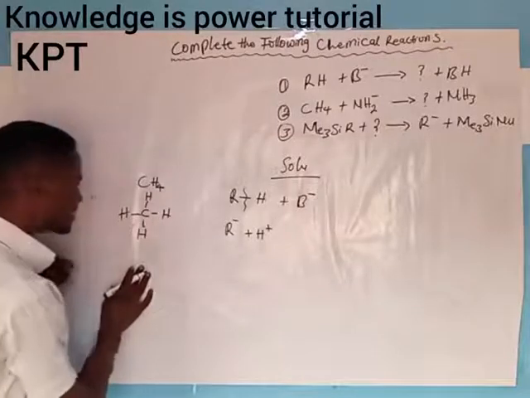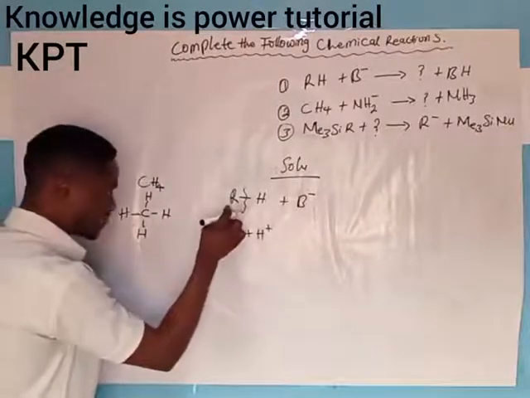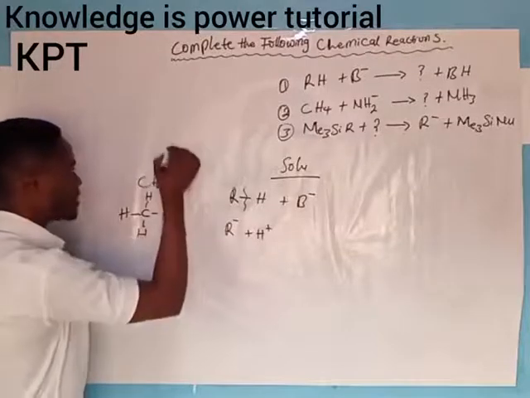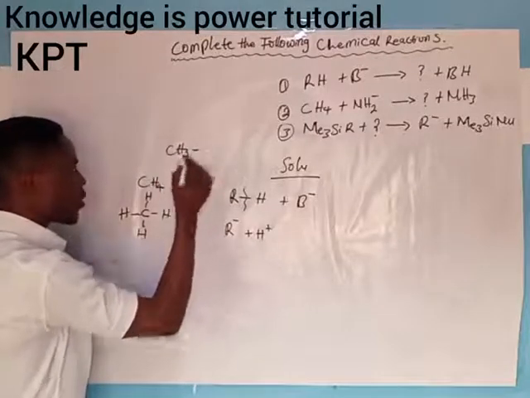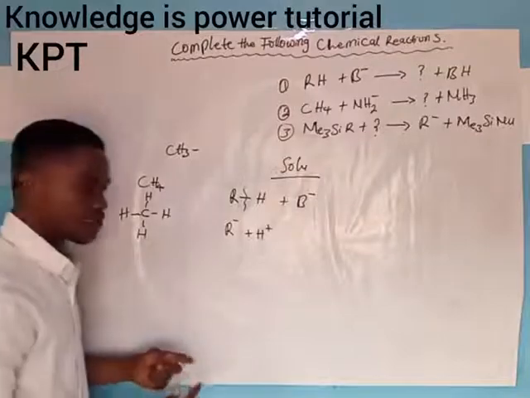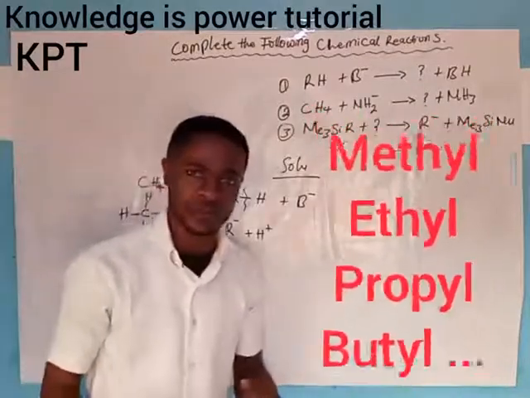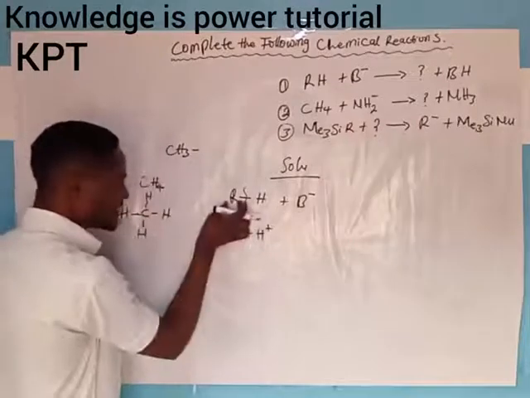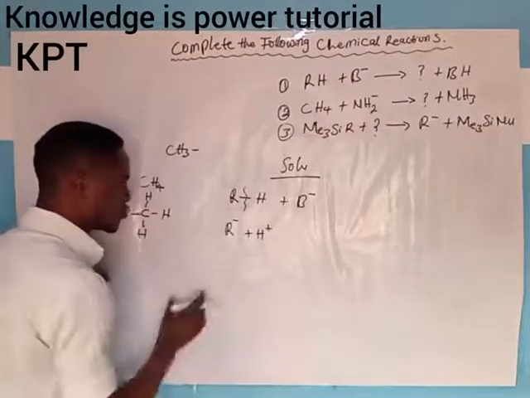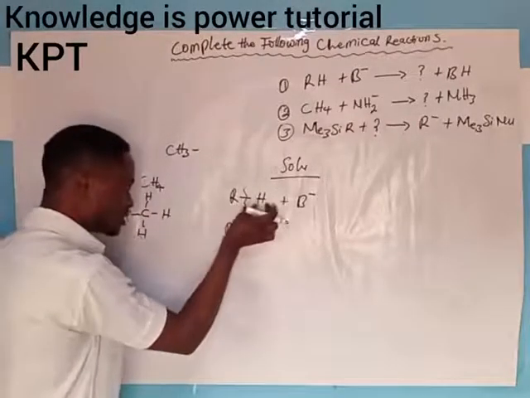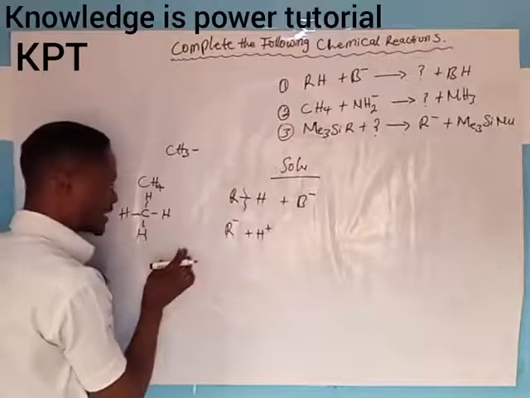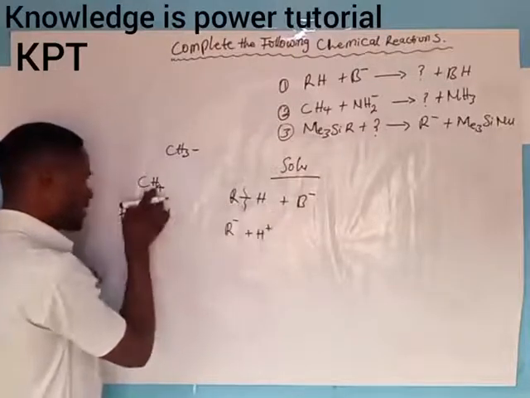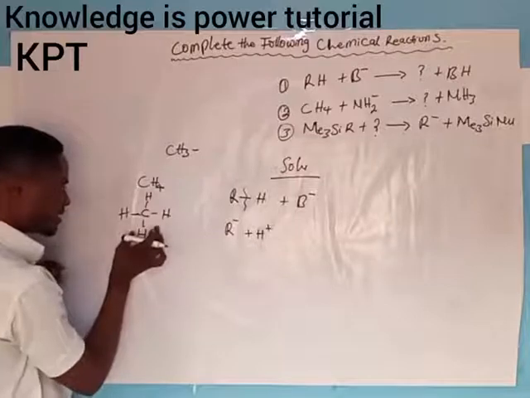Now, on having this, it means that I took R to be alkyl, and an alkyl group can be CH3 or any other alkyl group, you can have methyl, you can have ethyl, you can have propyl, you can have butyl, and so on and so forth. So I say, let me take this R to be methyl group. So if I take this to be methyl group plus H, it will be methane. So I say, let this RH be methane, such that the structure of methane is this.